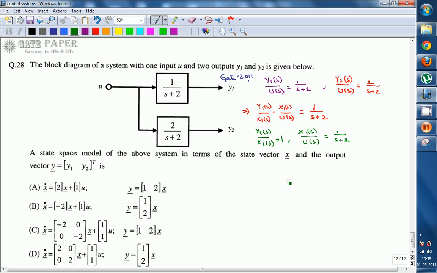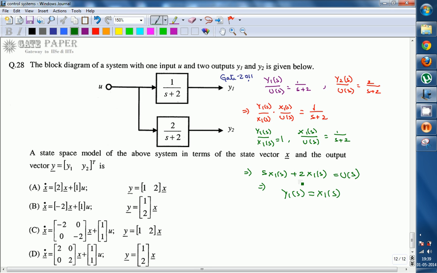So from this we'll get s into x1 of s plus 2 into x1 of s equals u of s, and y1 of s equals x1 of s. So these are the two equations we will get here.